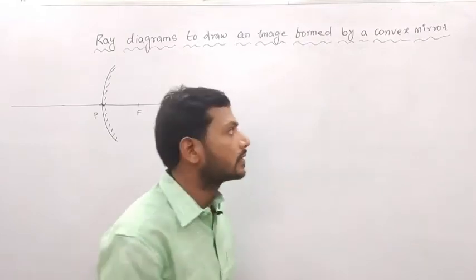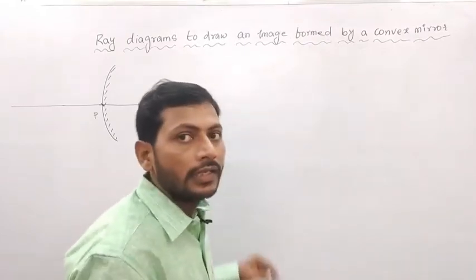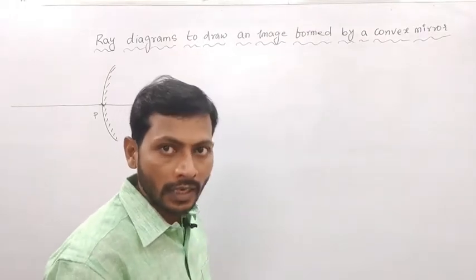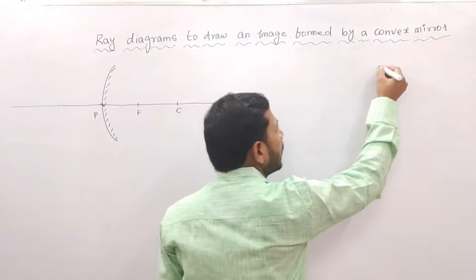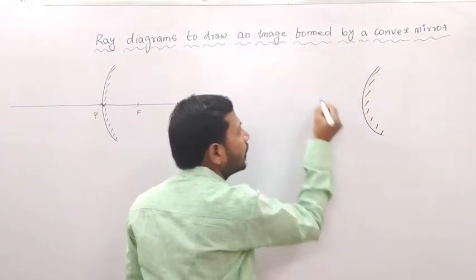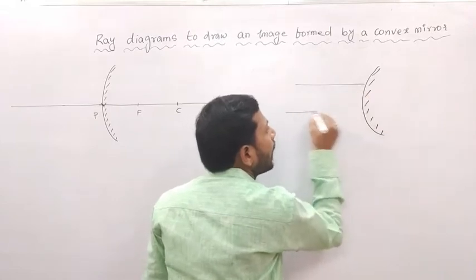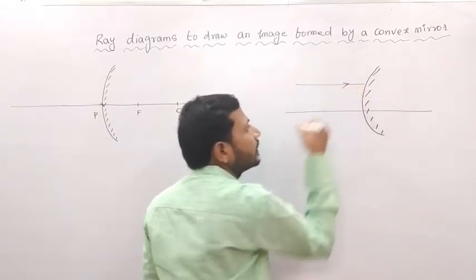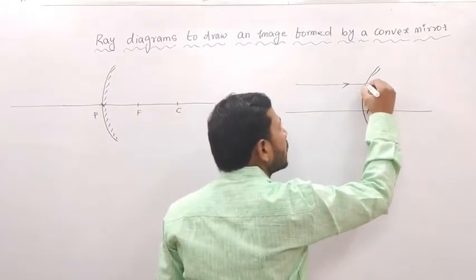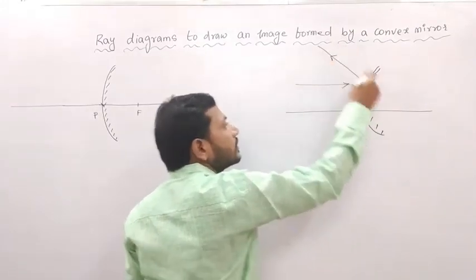If it is a convex surface, how are we able to draw the diagram? I make the diagram like this, with this side coloured. If the ray is coming parallel to the principal axis like this, then this ray is reflected like this.